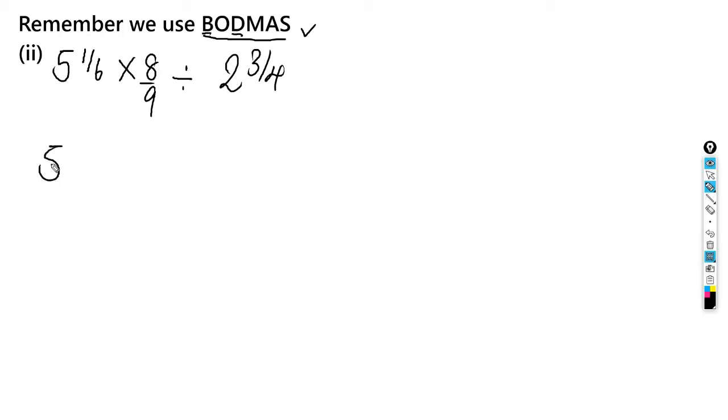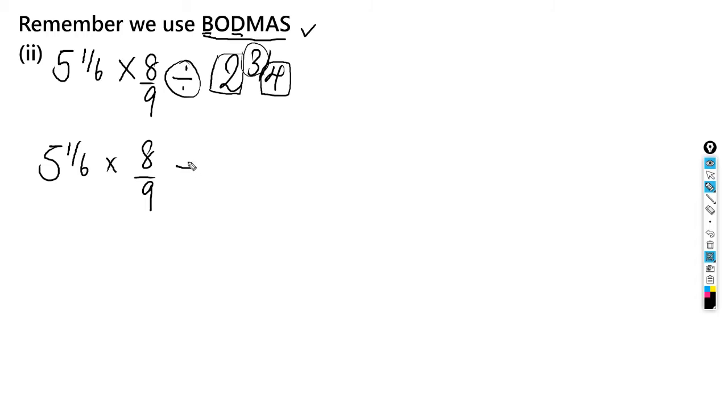So we're going to have 5 and 1 over 6 here multiplied by 8 over 9, but we're going to divide first. So the first thing we want to do is change this into an improper fraction. And how do we do that? We multiply the whole number by the denominator, add it to the numerator, and put it over the denominator.